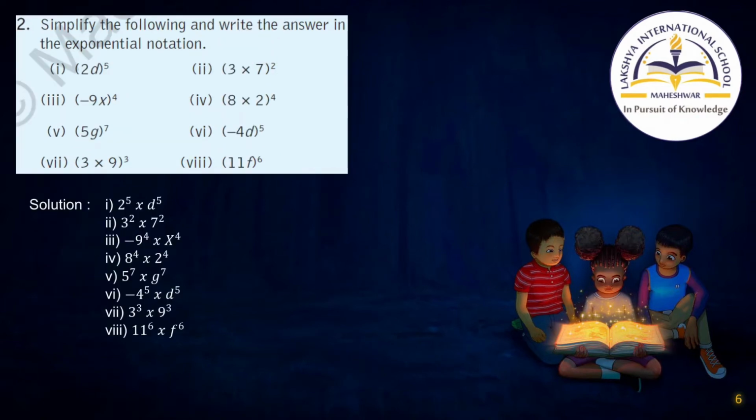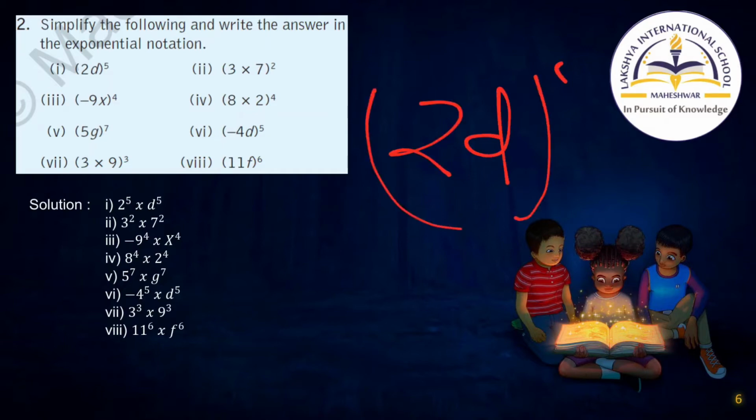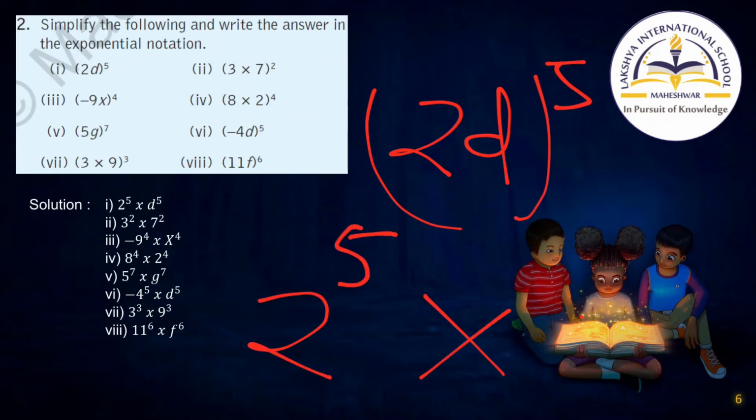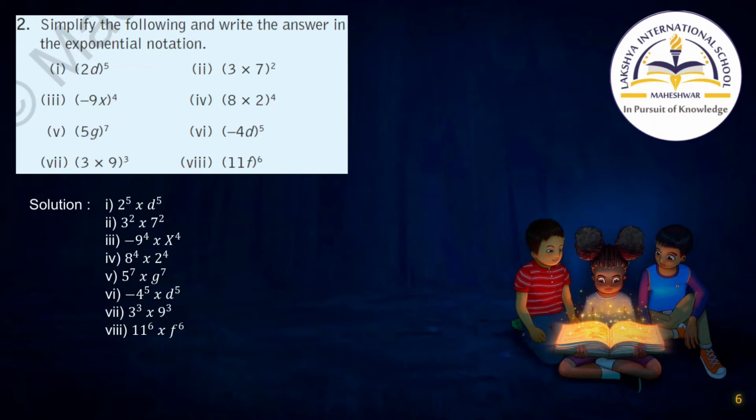Question number 2: simplify the following and write the answers in the exponential notation. First question, 2d whole to the power 5. Here you have to write 2 to the power 5 multiply d to the power 5, which means you have to write them separately and then mention the power.